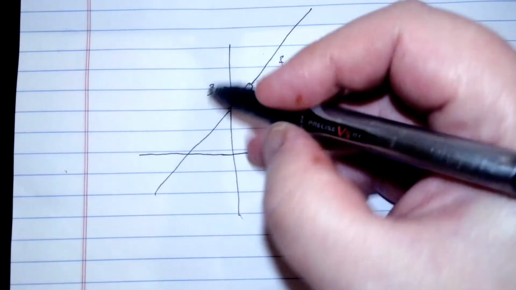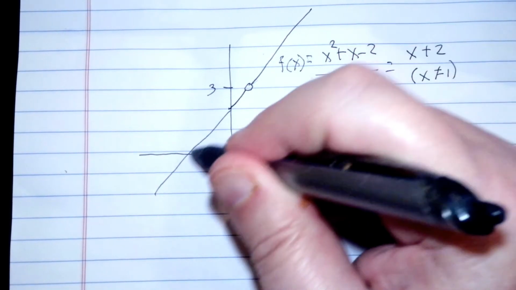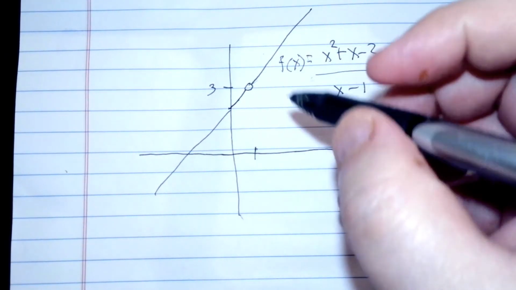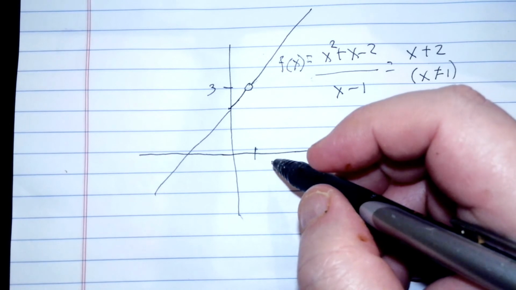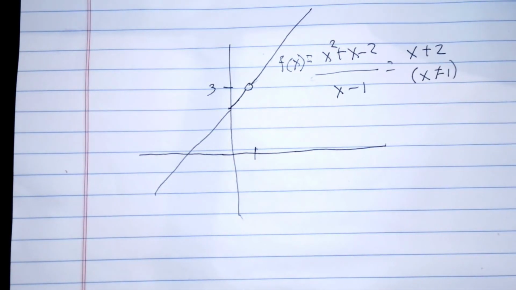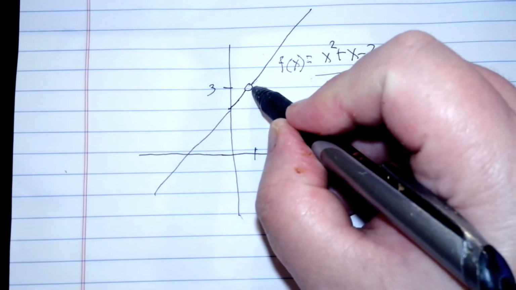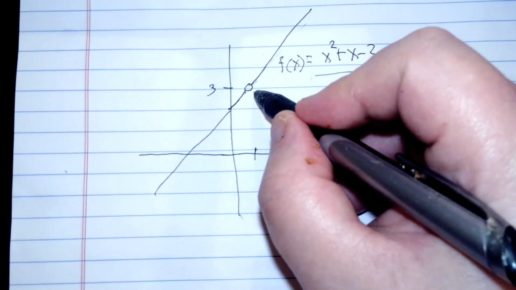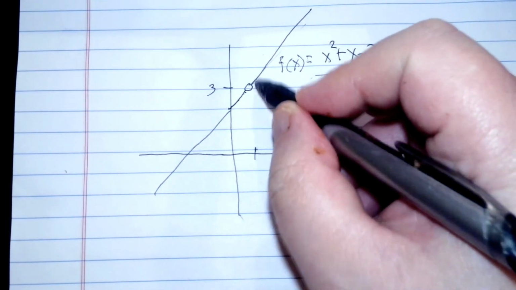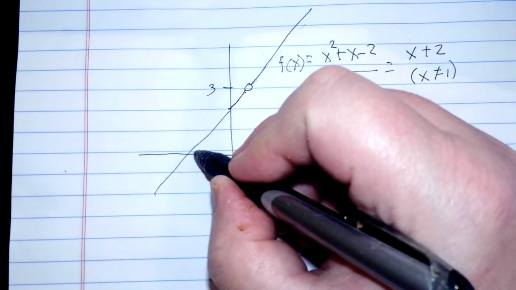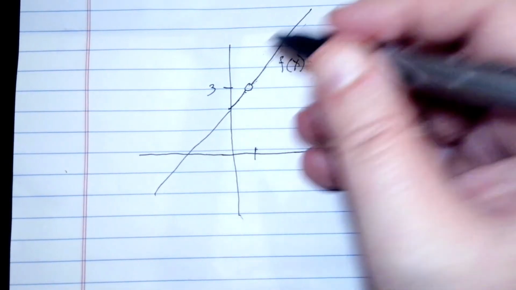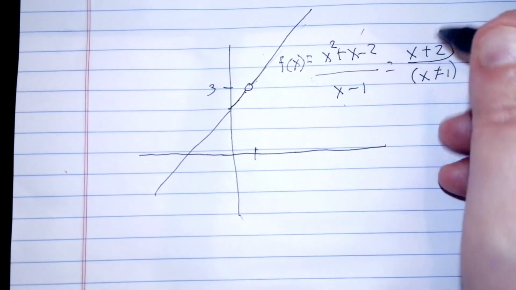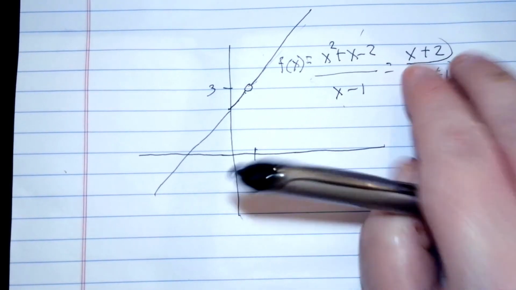So when I'm looking at the limit of this function as x approaches 1, remember, I'm not letting x go all the way to 1. I'm not really interested in what happens when x equals 1. So what I do is I replace this function with this function, kind of ignoring that part.